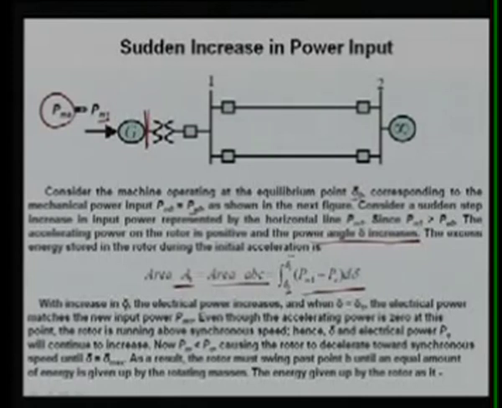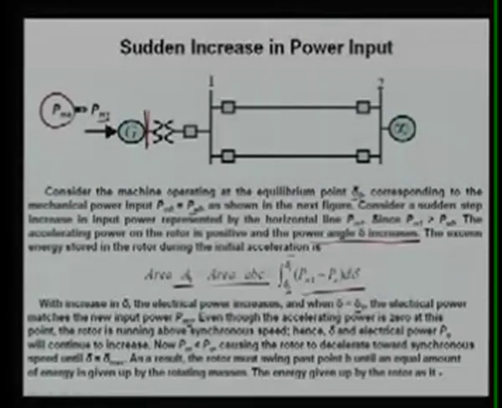With increase in the delta, the electrical power will increase, and when this delta is equal to delta 1, the electrical power of the machine matches the new power, that is PM1. Even though the oscillating power is 0 at this point, the rotor is running above the synchronous speed.